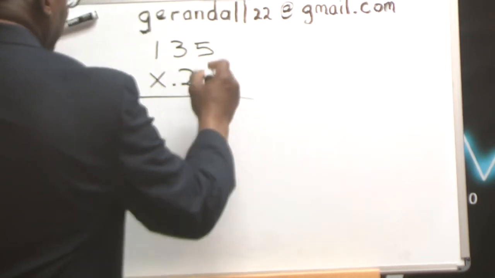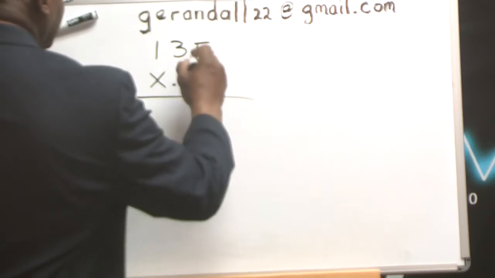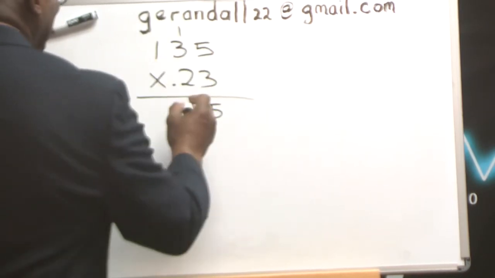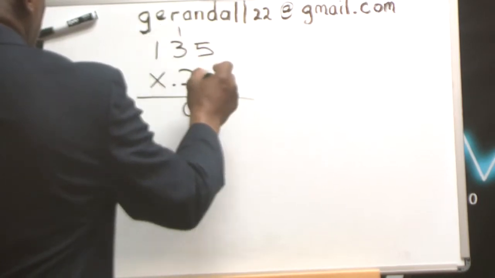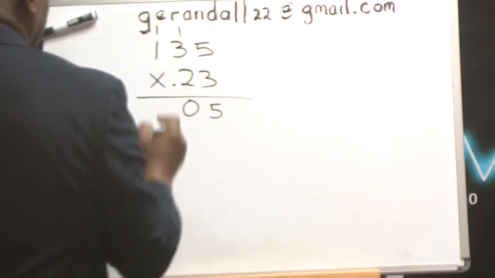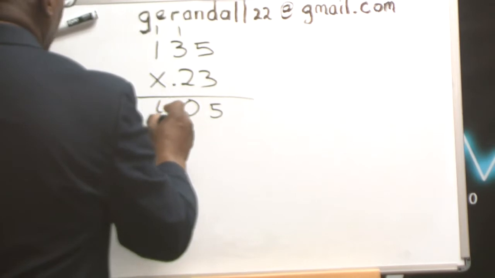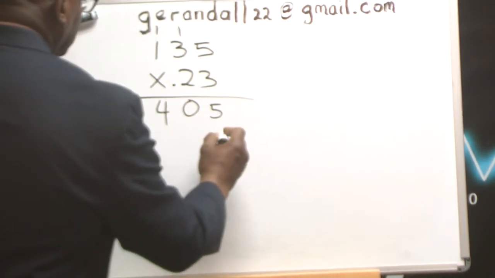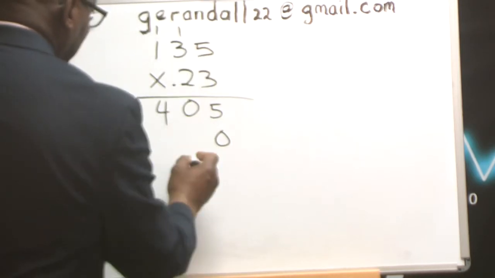So 3 times 5, 15. Carry a 1. 3 times 3 is 9, plus 1 is 10. Carry a 1. 3 times 1 is 3, plus 1, 4. Okay. And again, put this 0 so we stay lined up.